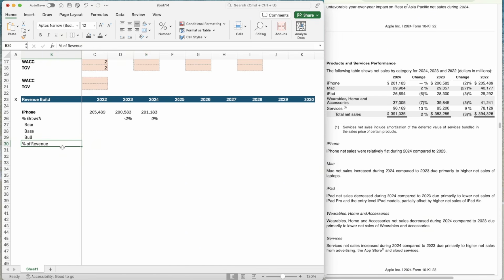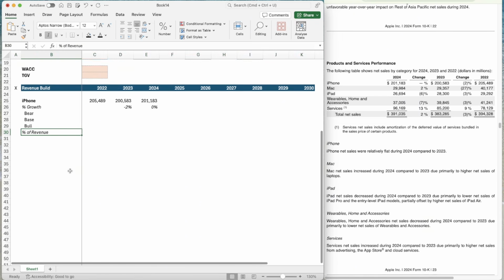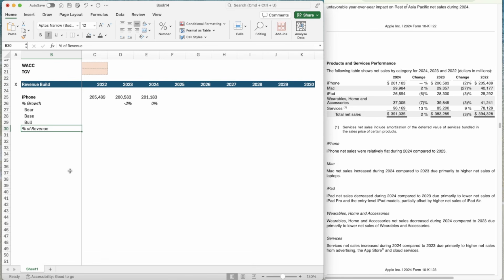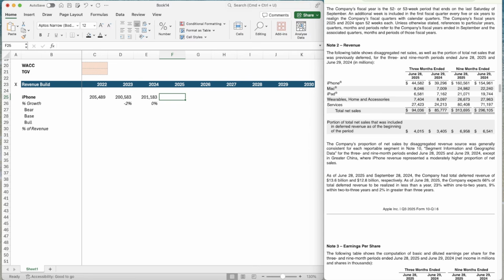I always forget to do this one, but we'll definitely do this when we've done the total, because it's always interesting to see for Apple how much of revenue the iPhone is responsible for. So we'll do 2025 in a second, but actually no, let's do it now, because I'm going to copy paste it over to make it easier.